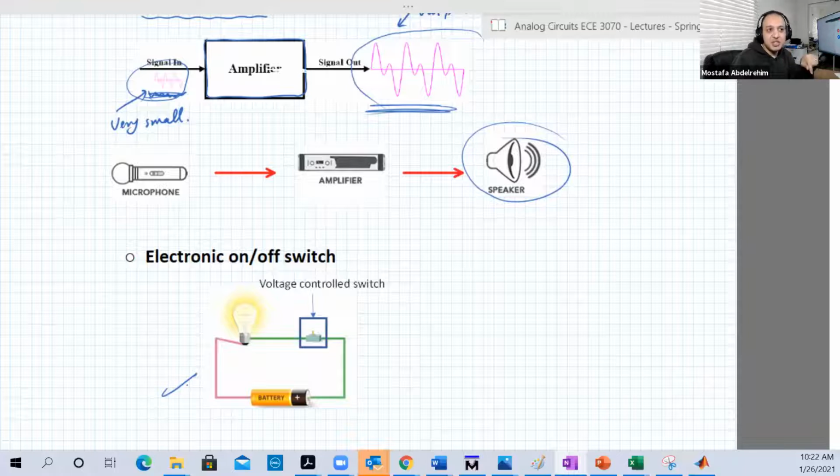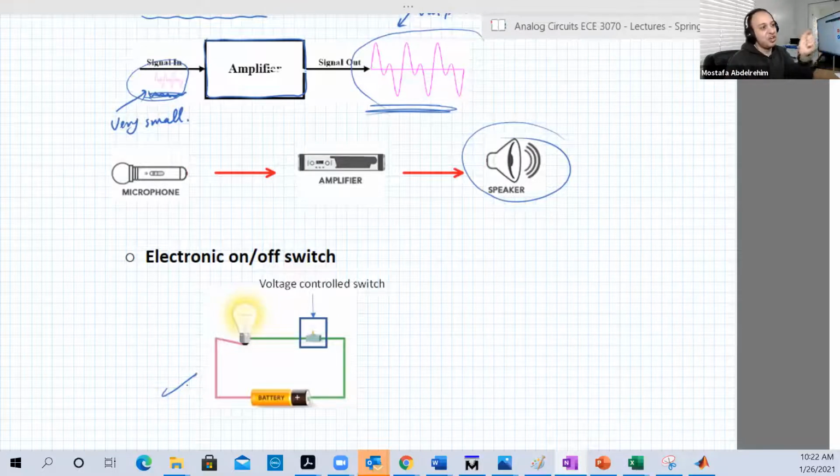But by the way, this one can be made using inductors, and I think you studied this. You know the relay, right? So you can do that using a relay. That's good, but relays are very big. For example, you can't have a relay inside your phone, right? Just imagine it.